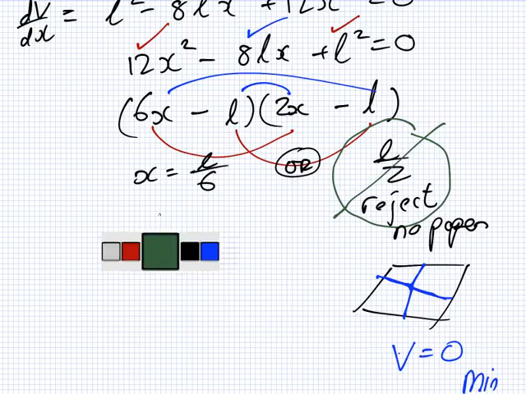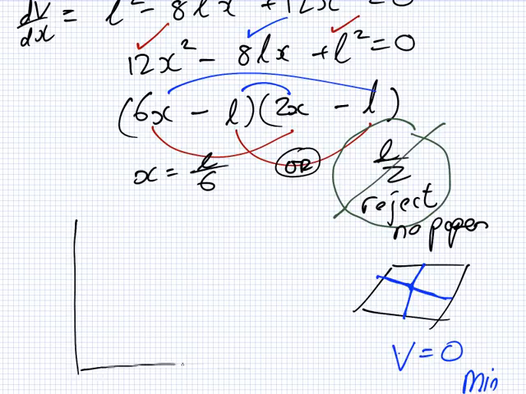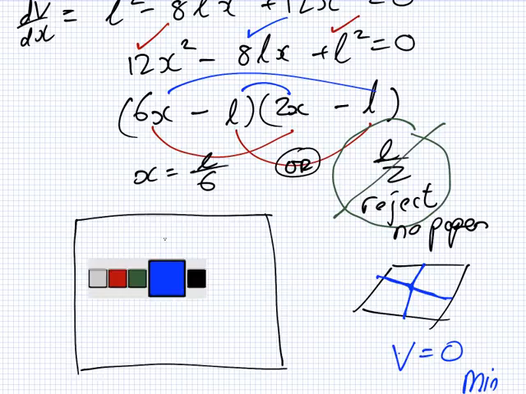In this answer, you cut a sixth of the length from each corner. So if you want to imagine it, I'll draw it here for you, the paper. It doesn't have to be 3D.